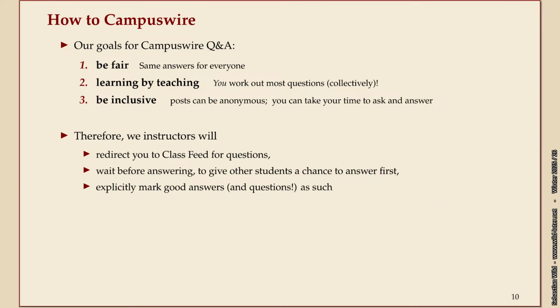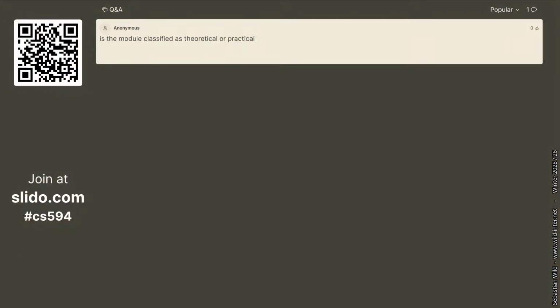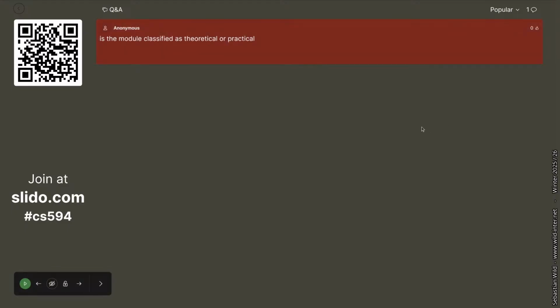There was one question on Slido. Might as well talk about this now. Is the module classified as theoretical or practical? Does it have a formal meaning? I think it's a theory module. I don't know if the module handbook has a specific binary property.